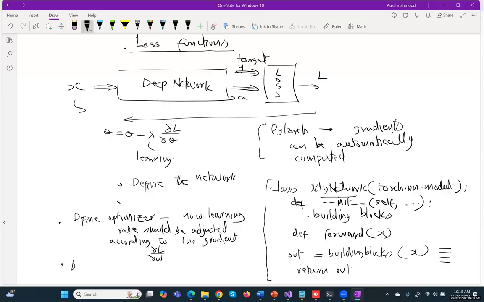We also have to define the loss function. Okay, so now depending upon the problem, the loss function that we pick will be different, right? So for example, in your assignment number 6, we talked about regression problems.